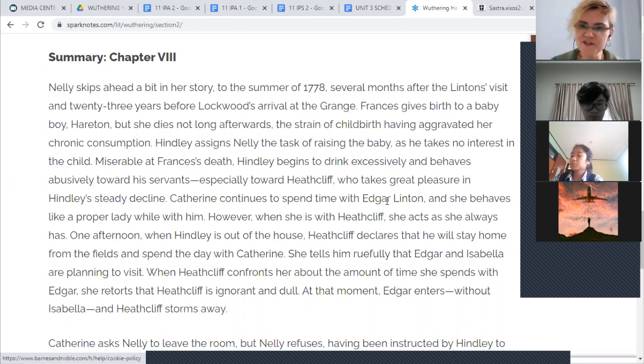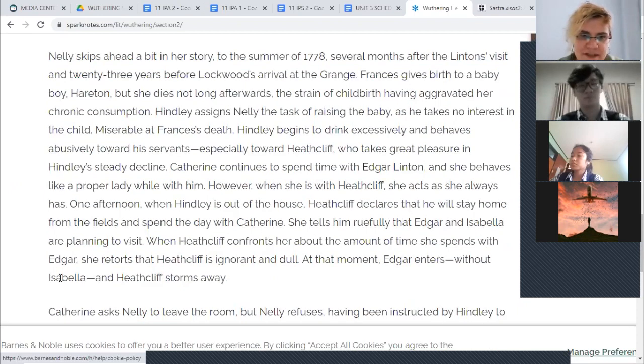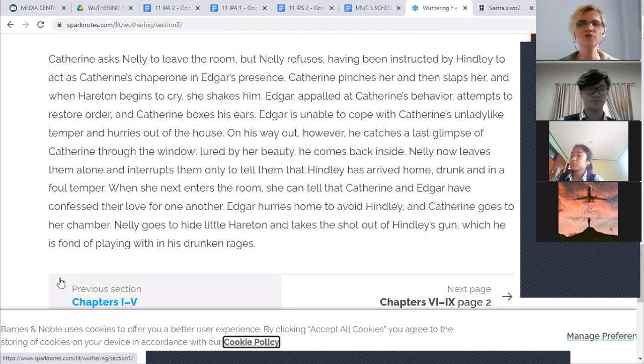Now, Catherine starts to spend a lot of time with Edgar Linton, who lives at Thrushcross Grange, and in the end, they fall in love. That's basically what happens. And then Catherine goes to talk to Nellie about it, and she tells Nellie that Edgar asked Catherine to marry him, and she said yes.